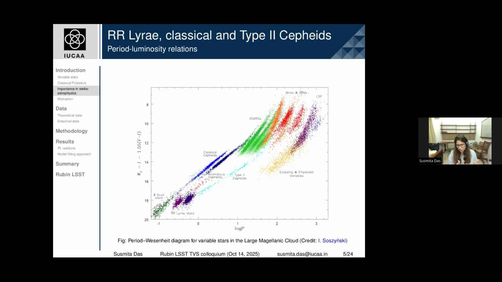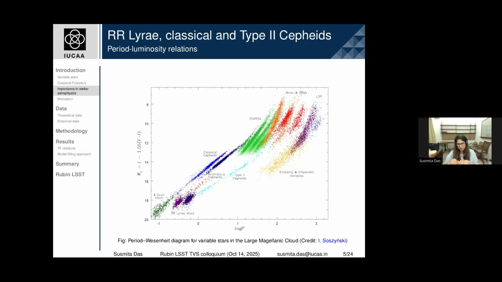It was only around the 1950s when Baade said that there was no a priori reason to assume that two Cepheids which have the same period, but one belongs to population 1, the other belongs to population 2, should have the same luminosity. And that's how they fixed the different PL relations for population 1 and population 2 Cepheids.